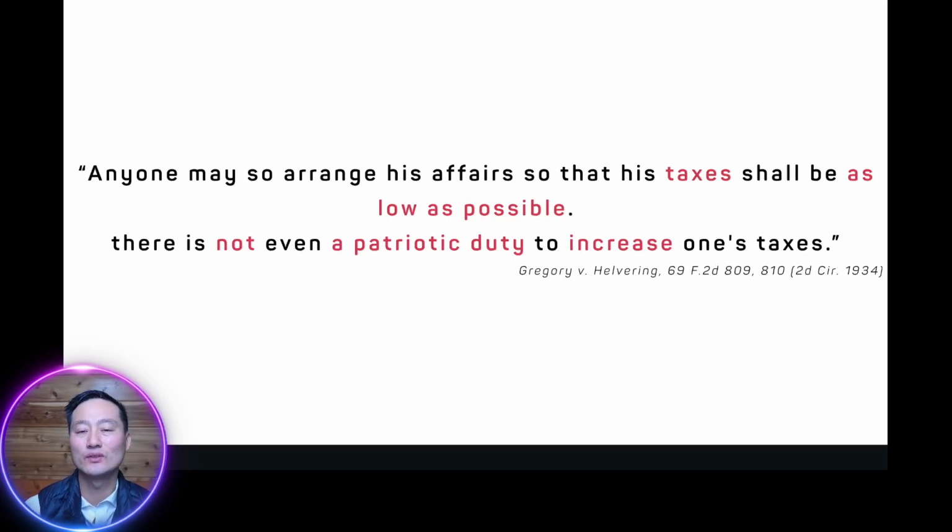I'd like to share with you a very powerful and famous quote. This quote was written by Supreme Court Justice Sutherland in 1934, and he said, "Anyone may so arrange his affairs so that his taxes shall be as low as possible. There's not even a patriotic duty to increase one's taxes." In other words, you're not obligated to pay more than what you're legally owed to the government.